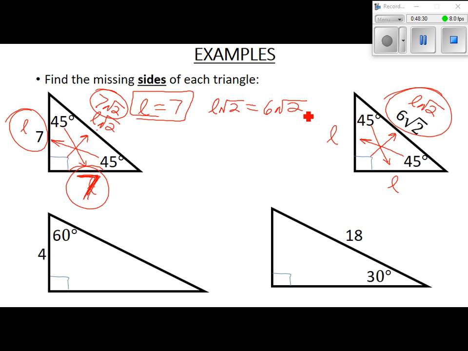But when we get to a harder problem, I want you to know that you've got to set up those equations. What do you do here to solve for L? How do you get rid of that square root of 2? Divide. These cancel out. What's left on the left-hand side? Over here, what happens to the square root of 2's? They cancel out. What are you left with?